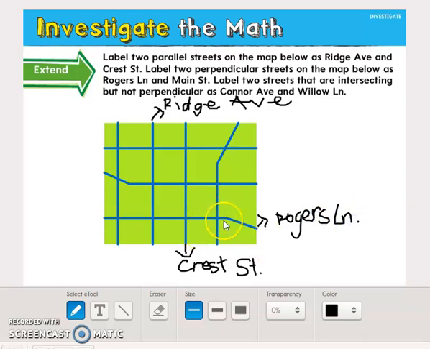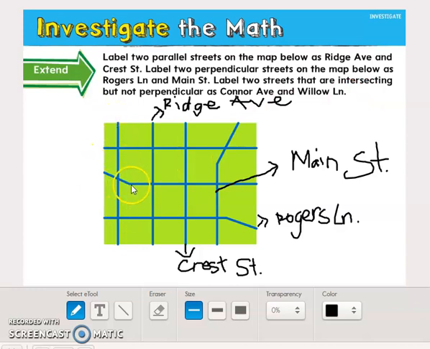And then I'm going to call this one Main Street. And then the last thing I have to do is label two streets that are intersecting but not perpendicular.